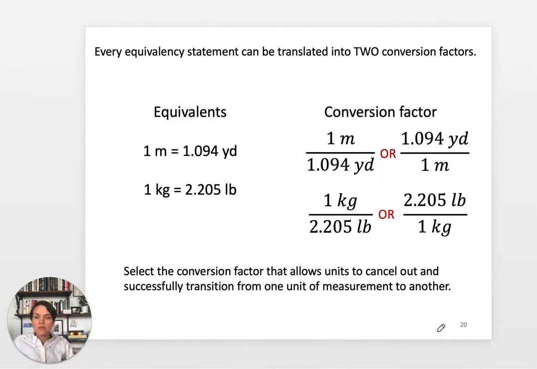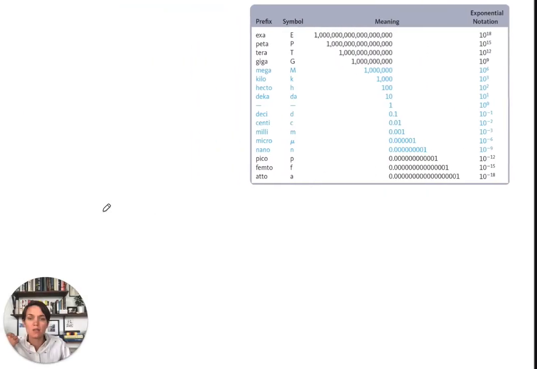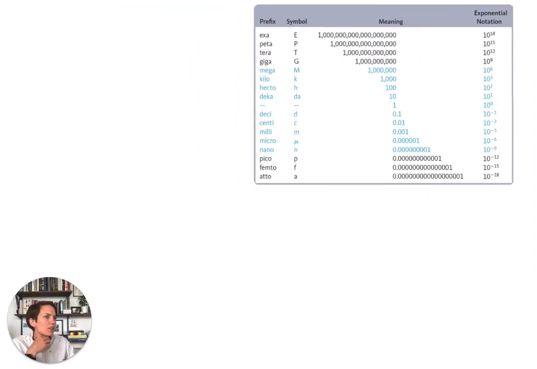Very cool. So what we just learned in the metric system, we can apply to converting from the English standard system as well. So let's do another problem, and let's do another kind of more complex one, because why not?